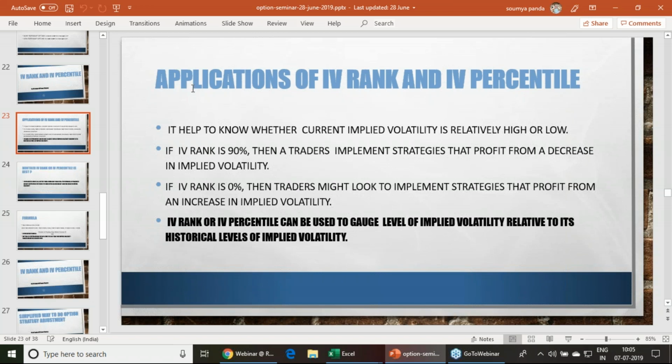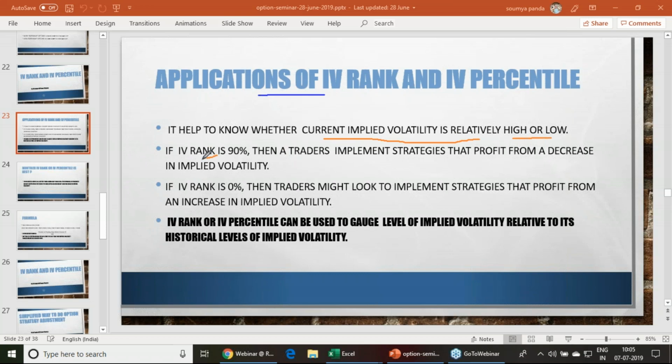Now coming to the application, where I can apply that. So all in all, these two formulas will give you an outcome, or the situation, or the result, to tell you whether the current implied volatility in an option is relatively higher or lower. So this is what you are going to get out of this formula.